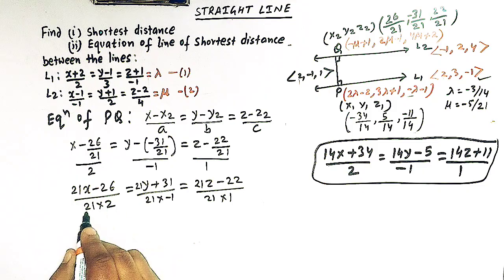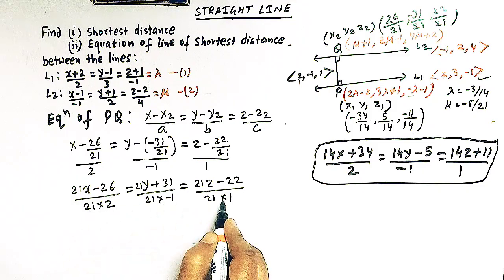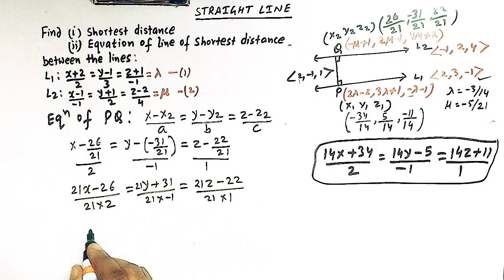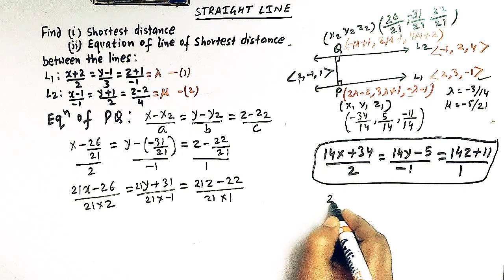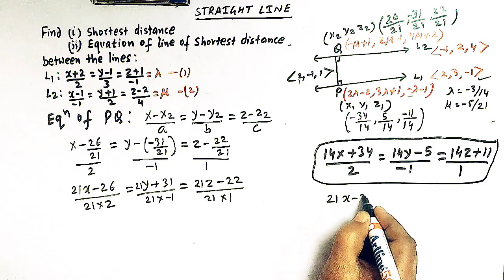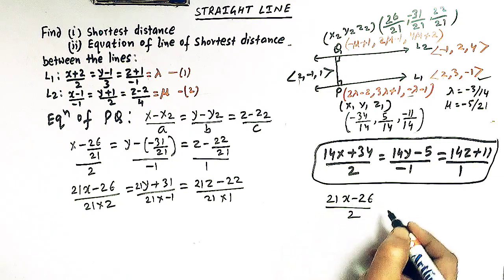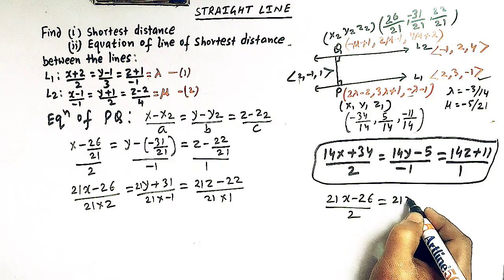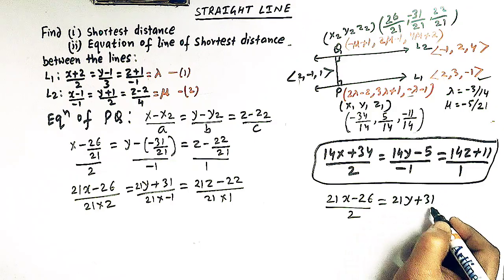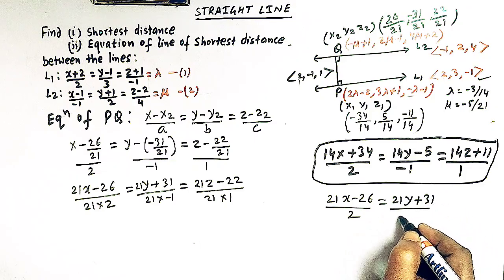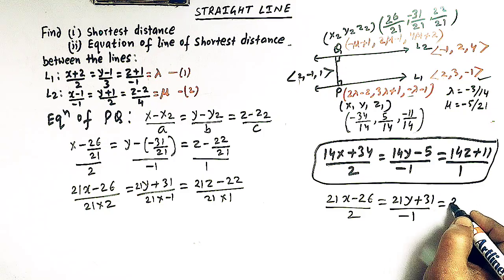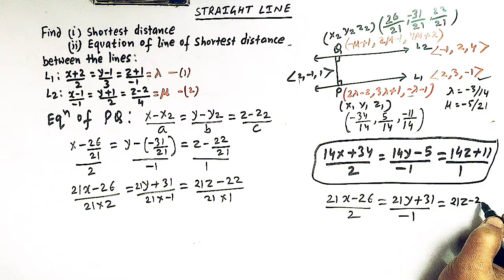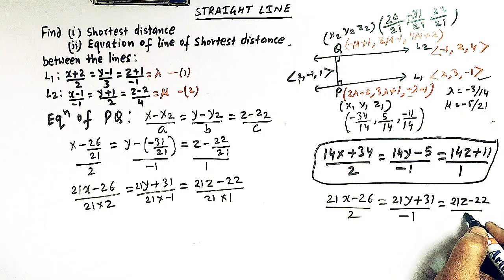So dividing these three numbers by 21, we can now write (21x minus 26)/2, then (21y plus 31)/(minus 1), and (21z minus 22)/1.